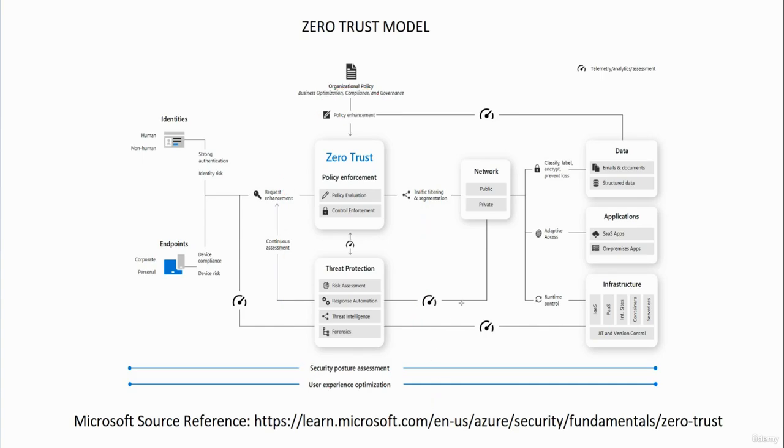But again, the main thing to get across here is that the zero trust model is all about verifying everything and verifying explicitly who and what is authenticating. And the other principle is use the least privilege access strategy. You only give the least privileges that someone or something needs to do their job. All right.